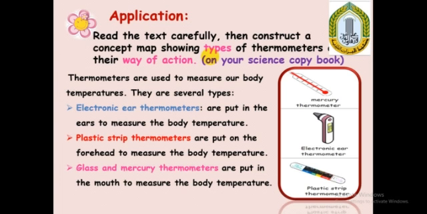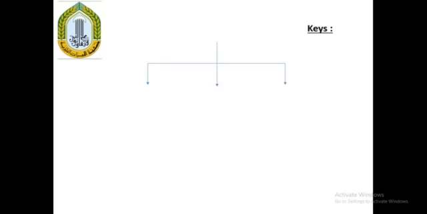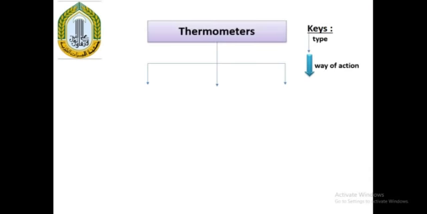Now, if you're ready, let's correct together. So here, the first arrow we said that it's for the types, and the second arrow is for the way of action. Thermometers was our main title. The electronic ear thermometer was the first type.